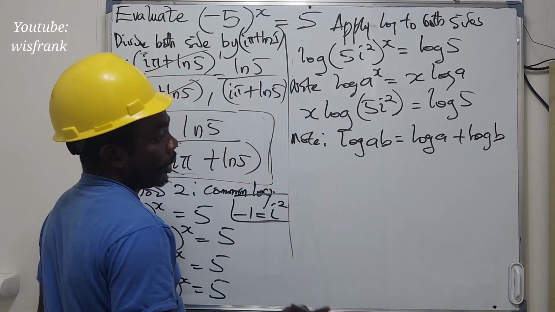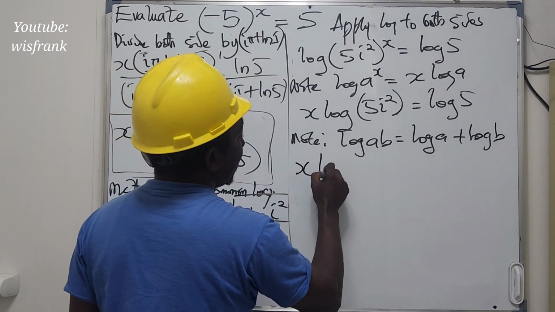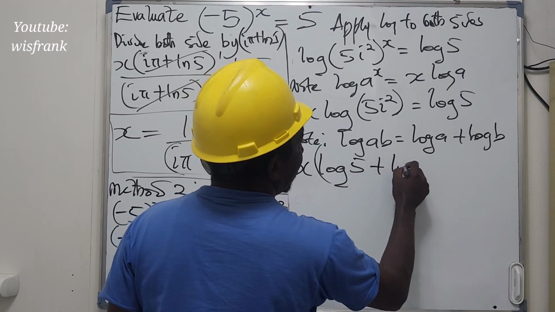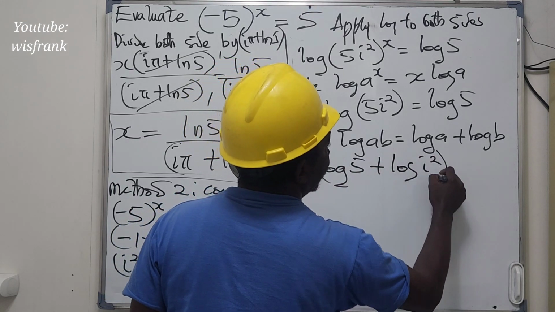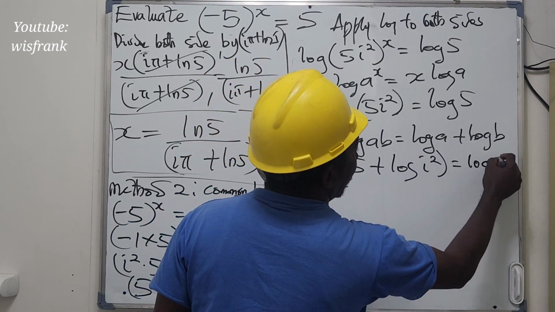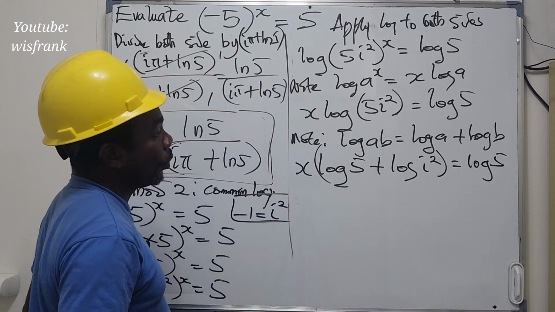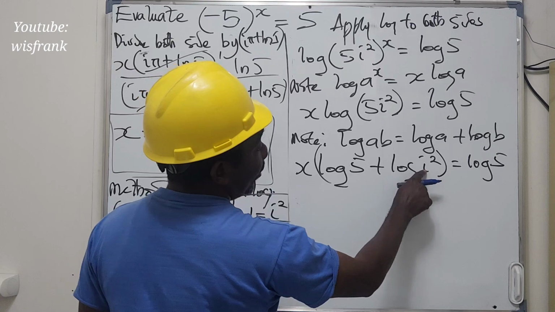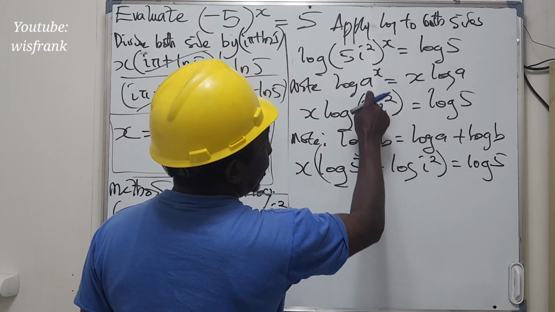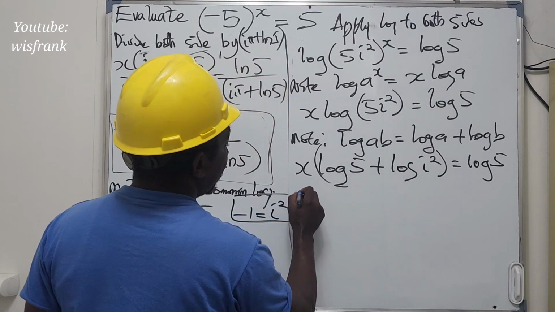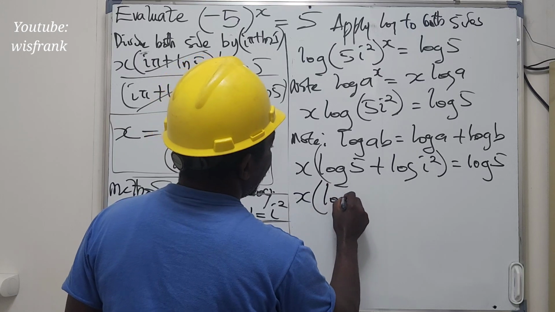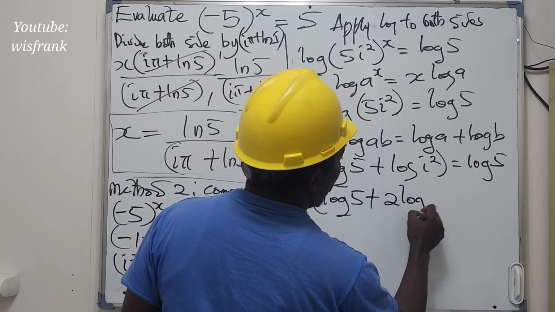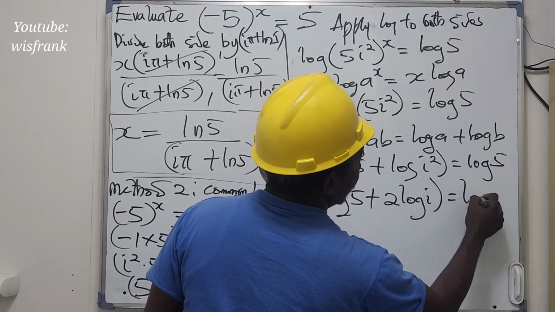Expressing this in this format, we have x times (log 5 plus log i^2) equals log 5. For further simplification, we have i^2 here, so this is going to give us x into (log 5 plus 2 log i) equals log 5.